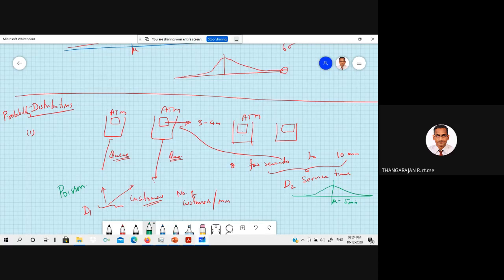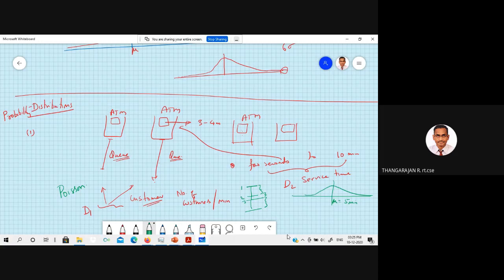Sometimes you may want to model the inter-arrival time between customers. Say, for example, customer 1 arrives, after some time customer 2 arrives, after some time customer 3 arrives, after some time customer 4 arrives. Now what is the time between two arrivals? Suppose I want to model that. I want to draw random numbers for the time between arrivals.